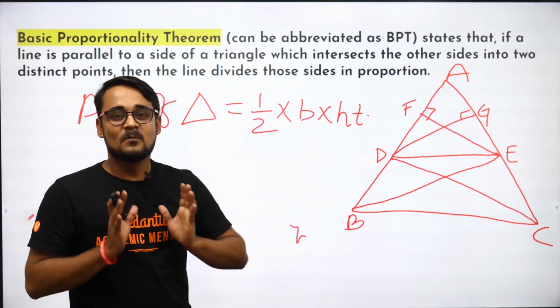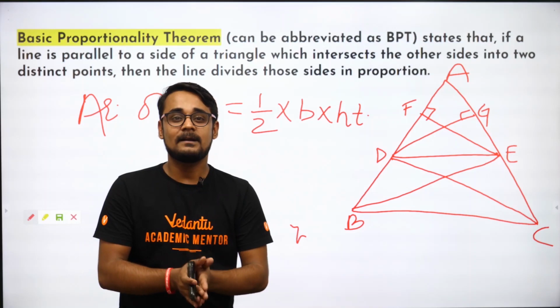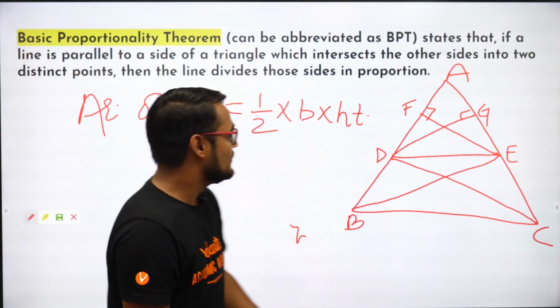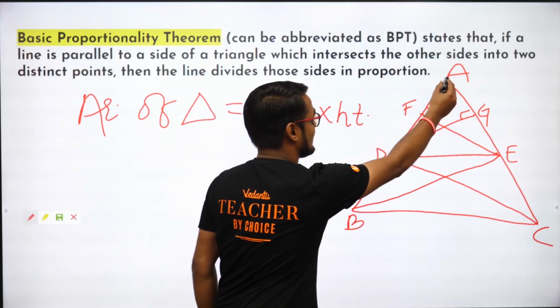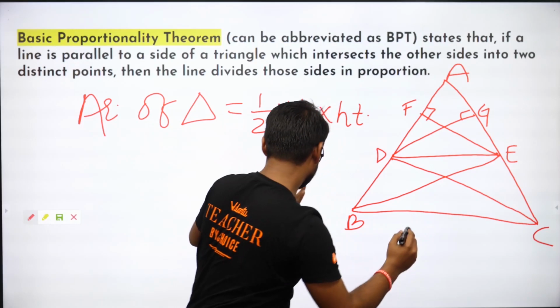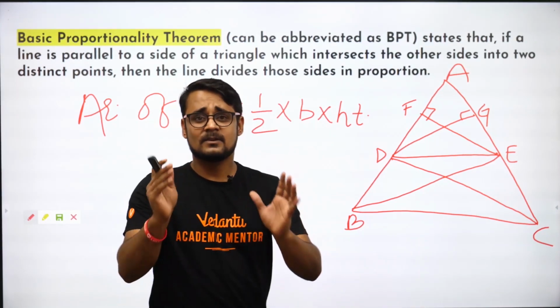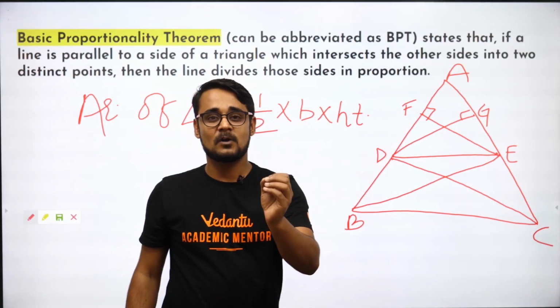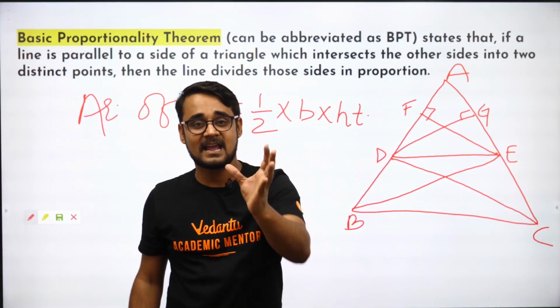So now moving forward, we have to find the ratio of these triangles. Now we will take two triangles. The very first triangles will be triangle ADE and triangle BDE. So now as we are going to take the ratio of these two triangles, we will use the formula of area of triangle.